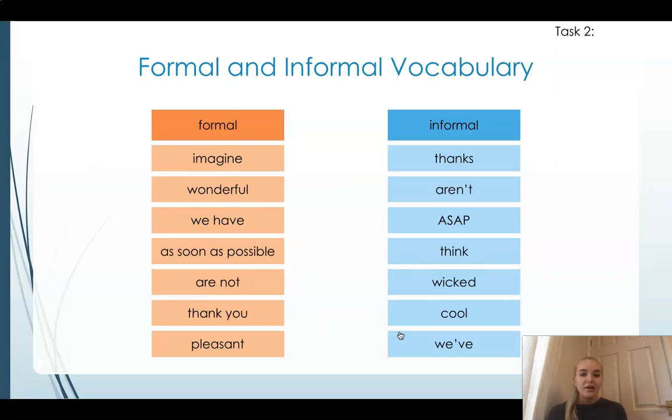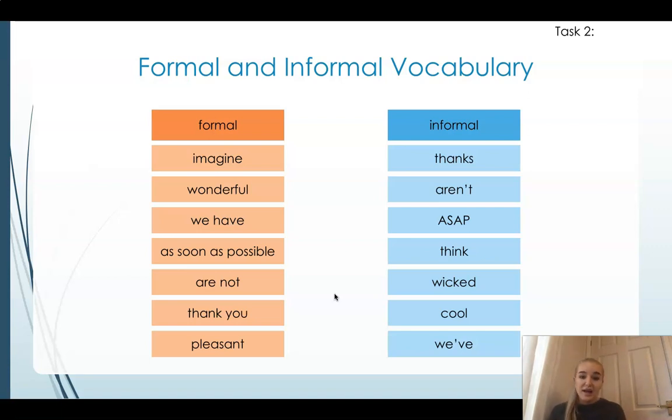Now, we are going to look at the difference in vocabulary between formal language and informal language. In my orange boxes here, I have got examples of formal words, formal language that we might use. And in this column, all my blue boxes are full of informal language that I might use. Now, I don't have to use them every time I speak or write informally, but this is an example of the difference in vocabulary.